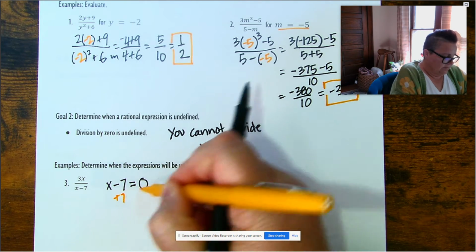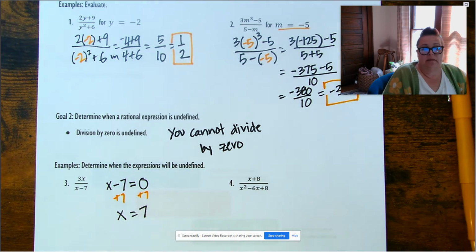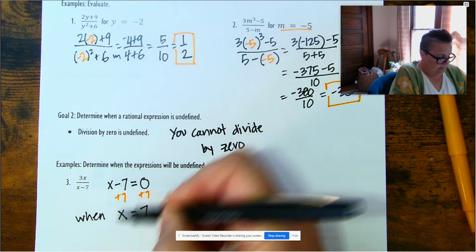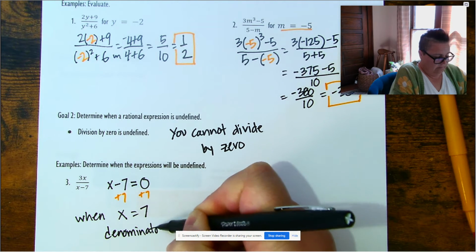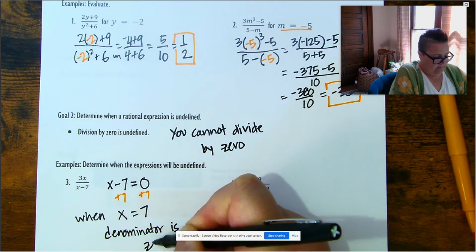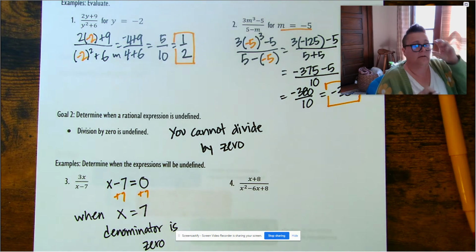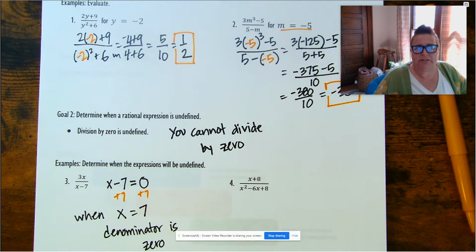If I add 7 to both sides, this now tells me that when x is 7, our denominator is 0. So I'm able to determine what values of x will not make sense, will give us an undefined expression. Yep, that's what I wanted to say.